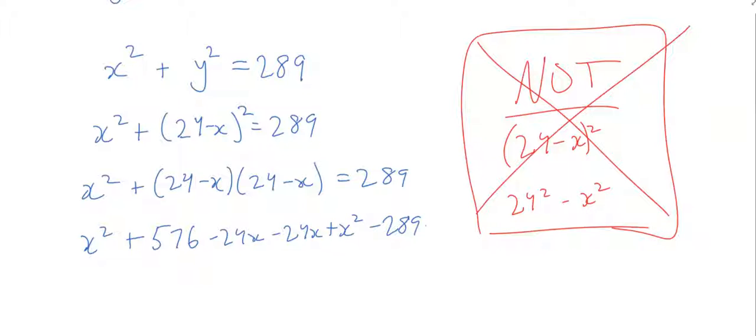Minus 289 equals 0. x squared and x squared is 2x squared. Negative 24 and negative 24 is negative 48x. 576 minus 289 is 287.